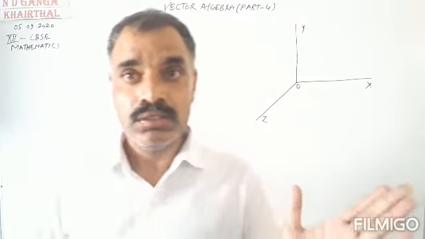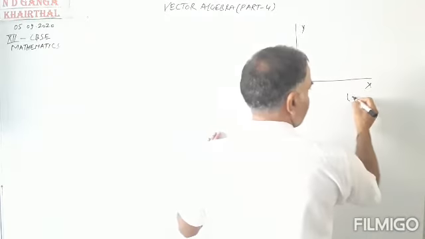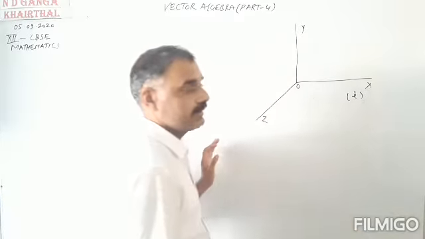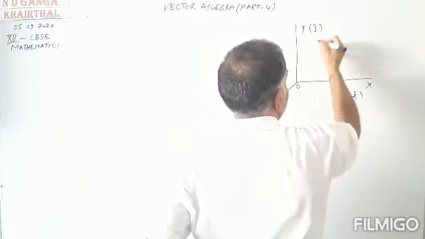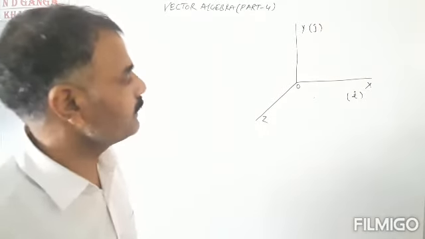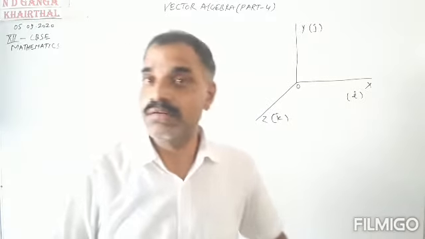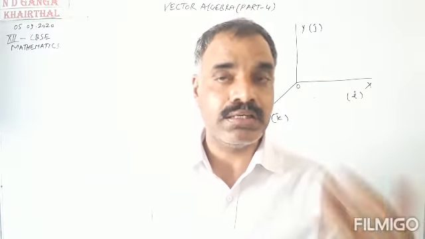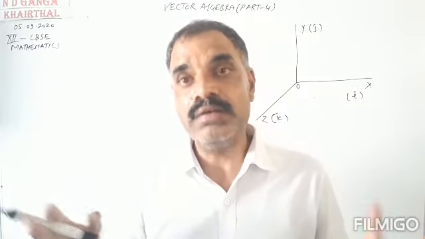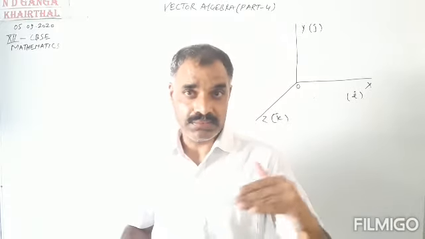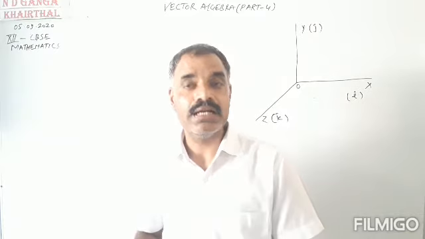Now i cap is the unit vector in the direction of the positive x-axis, j cap is the unit vector in the direction of the y-axis, and k cap is the unit vector in the direction of the z-axis, as we have already discussed. i cap, j cap, and k cap are the unit perpendicular vectors, meaning they are mutually perpendicular, along the positive x-axis, positive y-axis and positive z-axis.